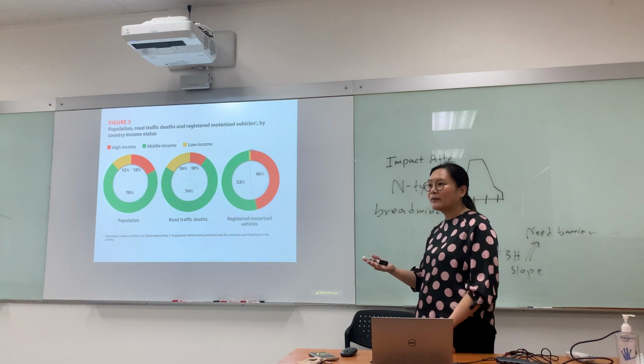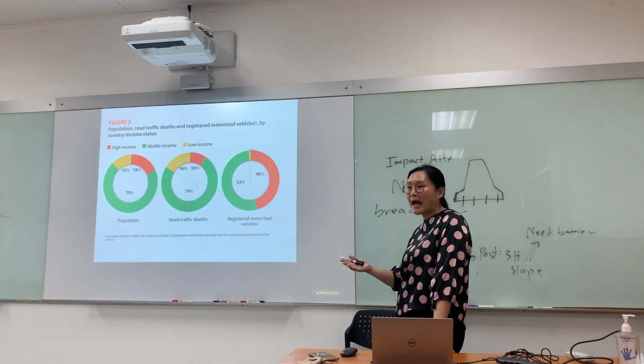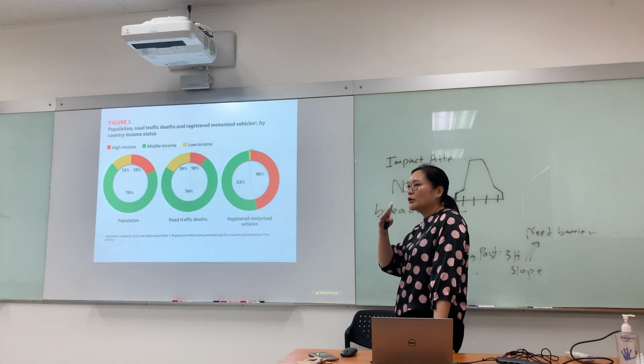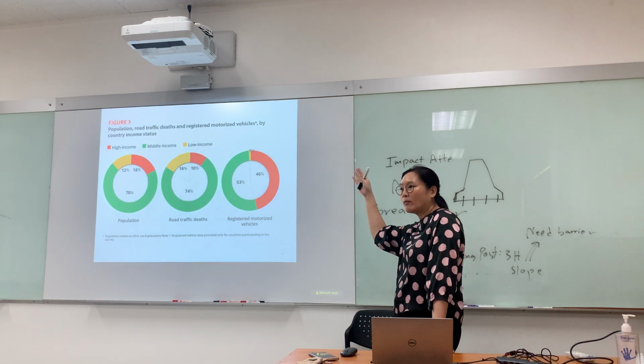If you have more activities, you have more travel. When people travel more, there is a higher risk of road accidents. But if at the same time you don't have a good system to reduce traffic accidents, then your people are going to die more and more.